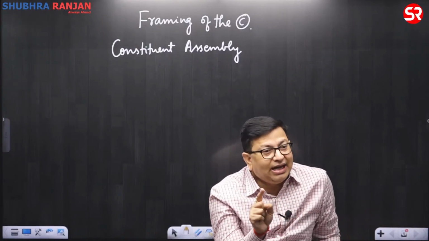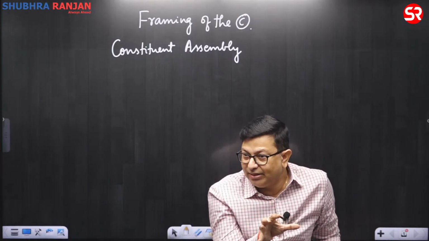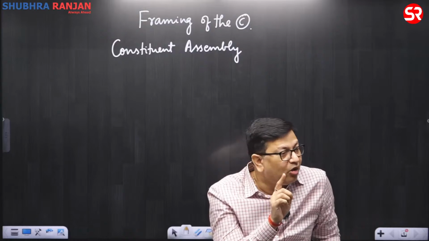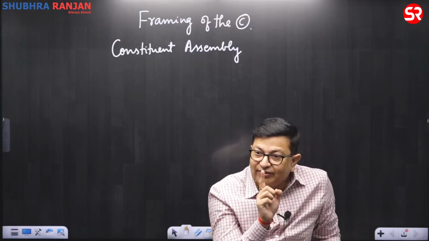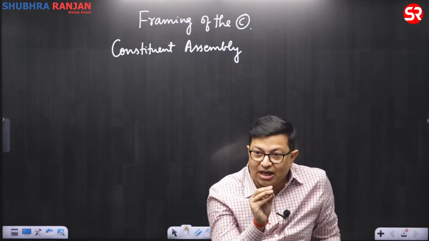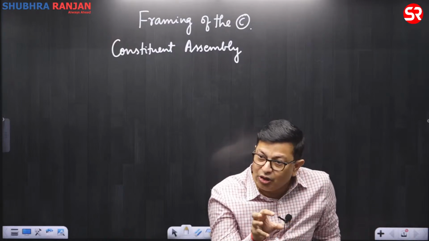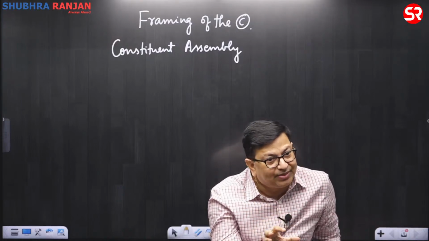But on the other hand, if we see the composition of the Constituent Assembly, the members were from different parts of the country. The south, north, east, west, central, northeast, every part was represented.